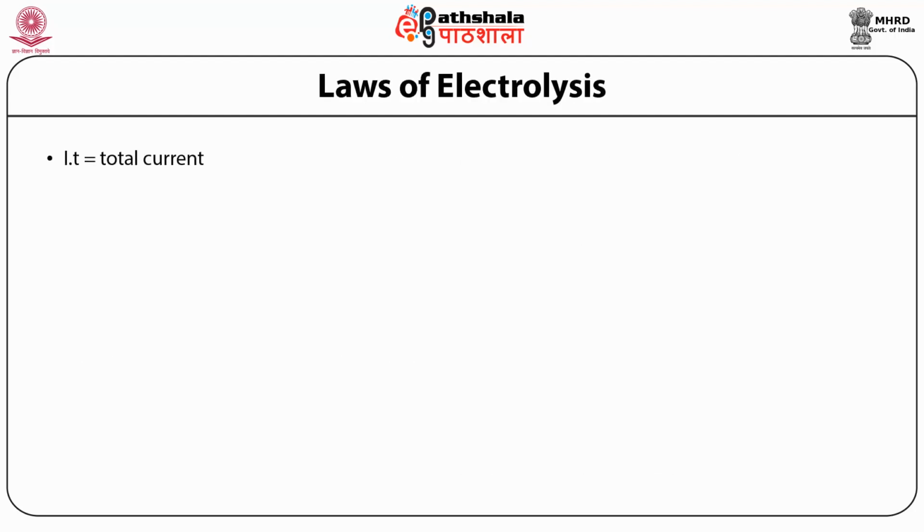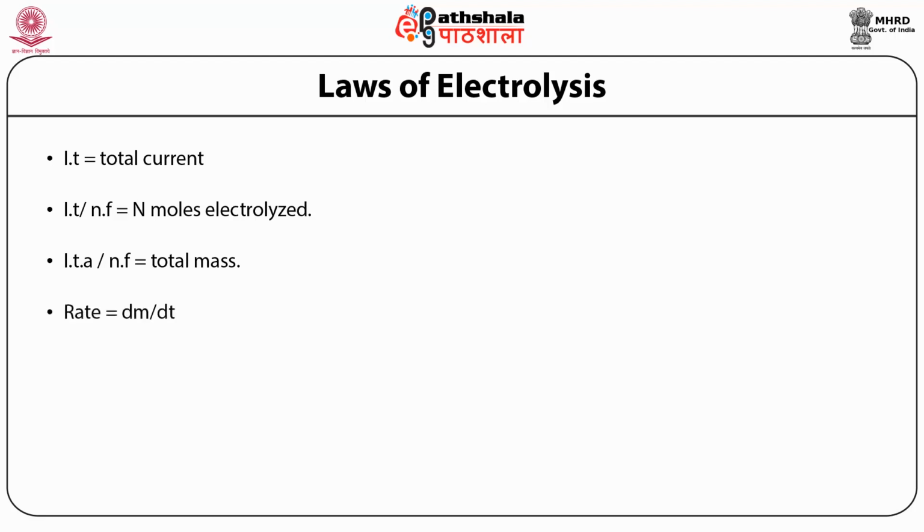So I multiplied by t is equal to the total charge. I t / (n F) is equal to the moles electrolyzed. I t A / (n F) is equal to the total mass. So the rate is equal to dm/dt. So m / (t A) equals i A / (n F).